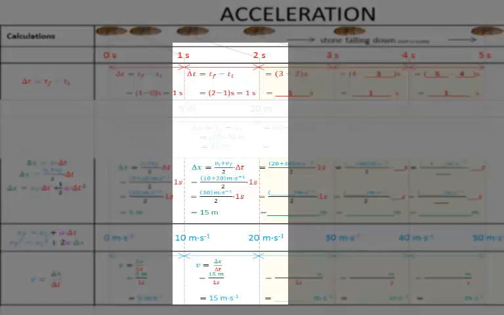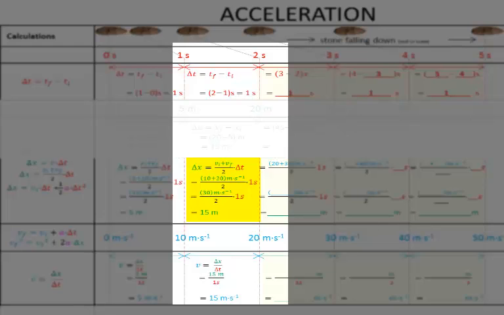For the next interval, the final velocity is 20 meters per second and the initial velocity is 10 meters per second. So we can find the displacement by multiplying the average velocity by the time duration of that interval. We find the average velocity by adding the initial and final and dividing by 2, and then we multiply that by the time duration. So we have delta x is equal to final velocity plus initial velocity over 2 times delta t.